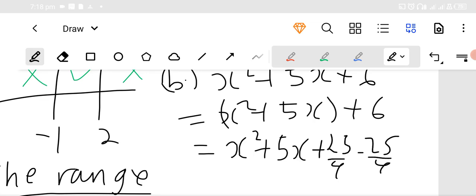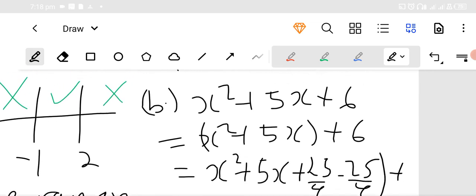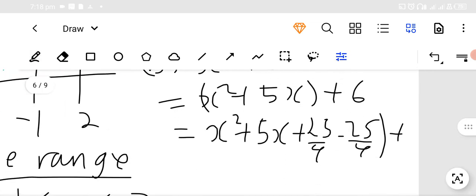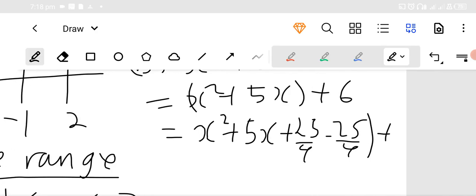Why? To just maintain the validity of this expression. Plus 6.